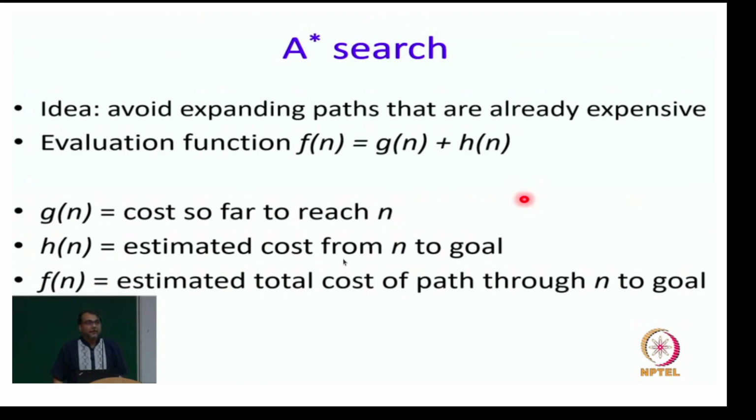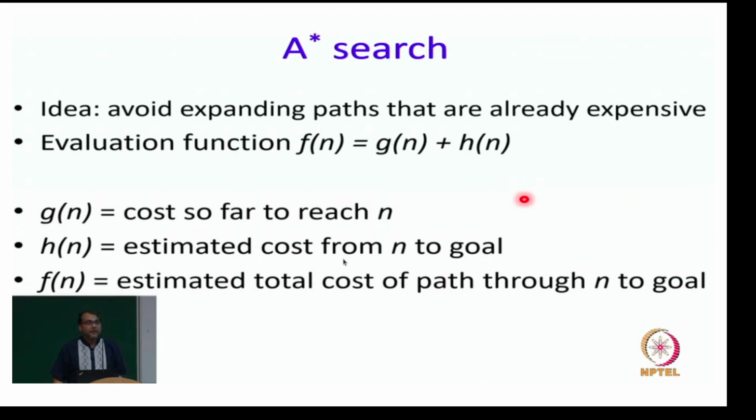So you are at the nth node and you are computing the evaluation function for the nth node, which is g of n plus h of n. g of n says to reach the nth node from source, how much cost you have incurred. Now from that node to reaching the goal node, what is the cost, which is h of n, the estimated cost from n to goal. And f of n is the sum of these two factors, which is the estimated total cost of the path through n to goal.